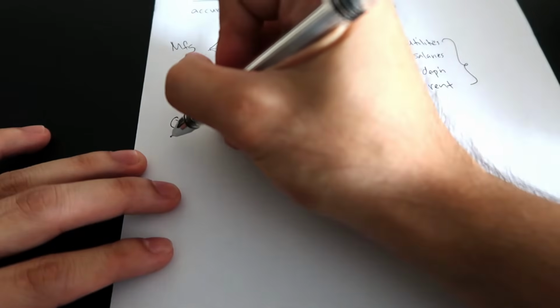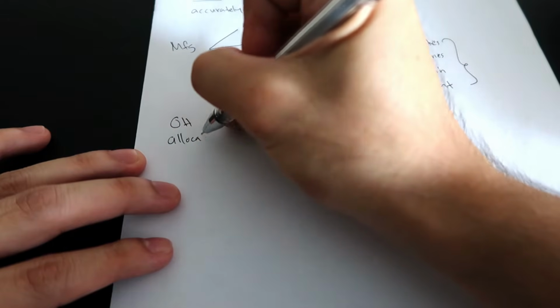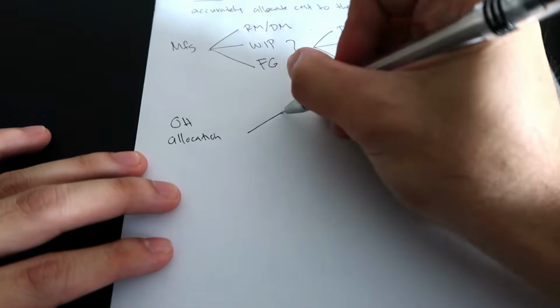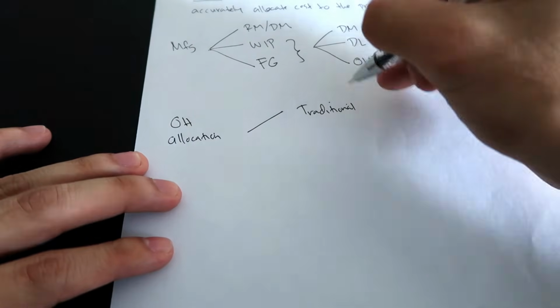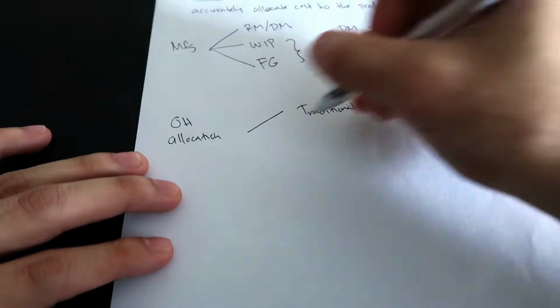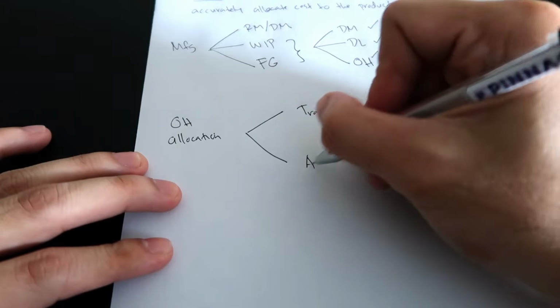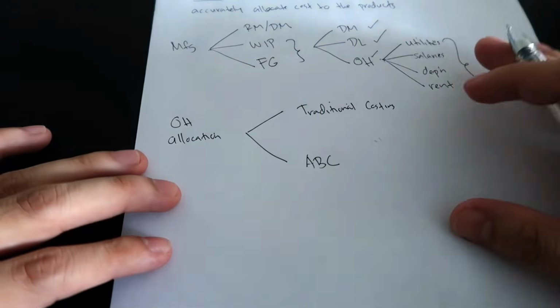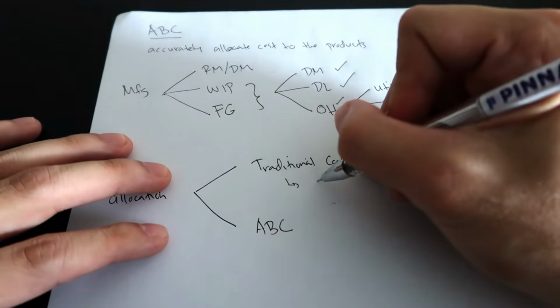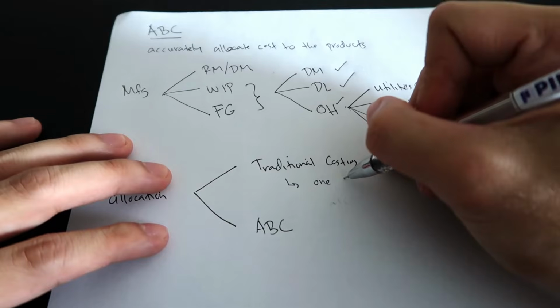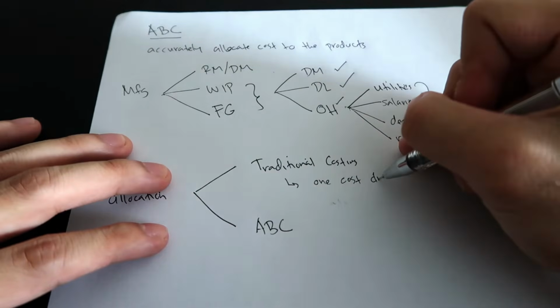Let's discuss two types of overhead allocation. Number one is what we call the traditional costing. Number two is our topic for today, which is activity-based costing. For traditional costing, this uses only one or single cost driver. Sir, what is cost driver?